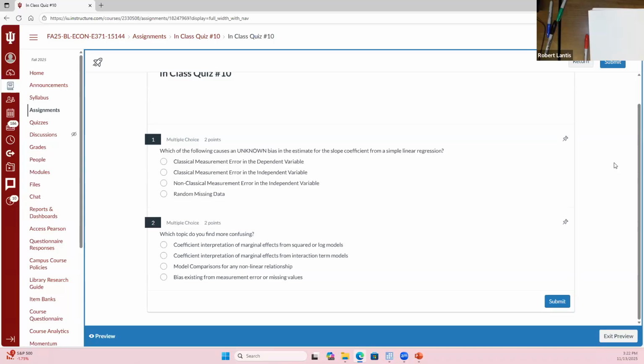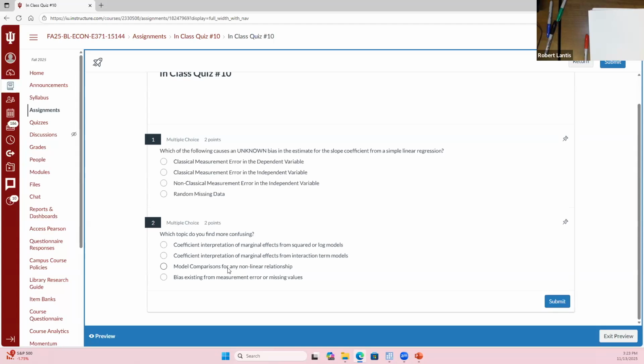So basically, which would you want to see more work on, or what have you found most confusing over the past couple of weeks? So we have the stuff we were talking about today, bias existing from measurement error or missing values. Model comparisons, if we're thinking about which model to choose, log versus quadratic versus cubic versus linear. Or coefficient interpretations and marginal effects from nonlinear models, so quadratics or log models.